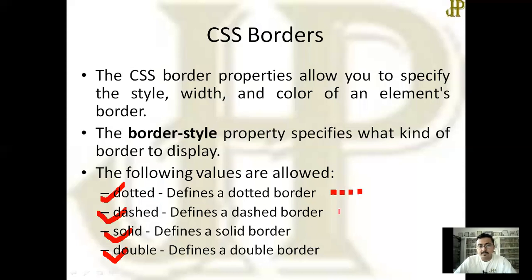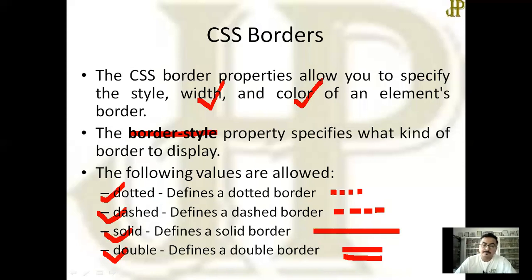Dashed means a small line. Solid should look like this. Double should look like a double line. So that can be achieved with the help of border-style. Other than this, you can also choose width and color of a border. Otherwise, the color of the text will be the default color of the CSS border.